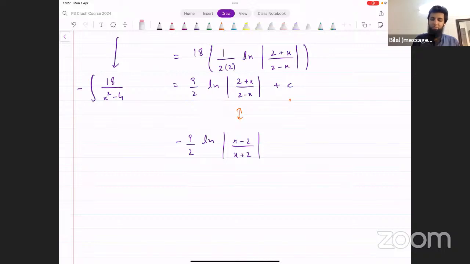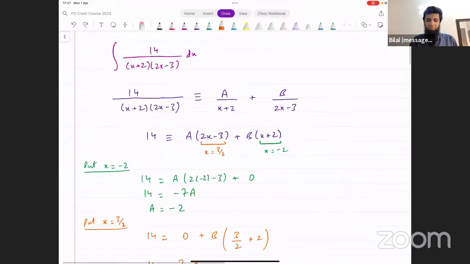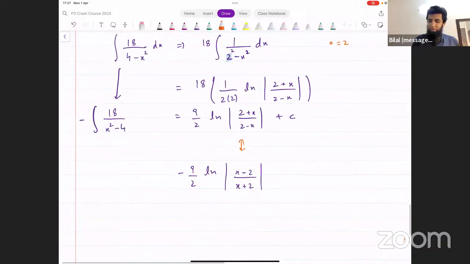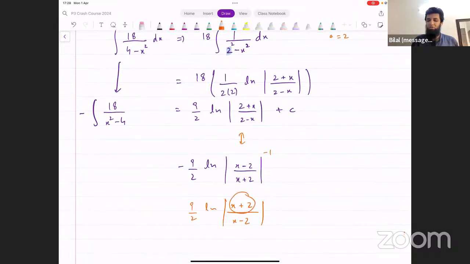The reason for that is you have a minus sign outside, right? If you take this minus to the power here, it becomes power minus 1. That means you take the reciprocal of this, so it becomes modulus of (x plus 2) over (x minus 2). And that's the same thing, 9 over 2 into ln of that. Now, you have x plus 2 in both.